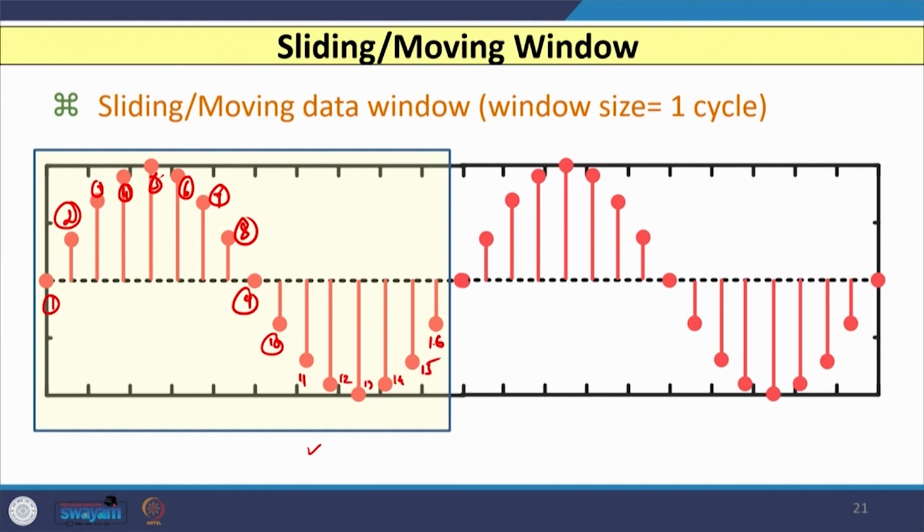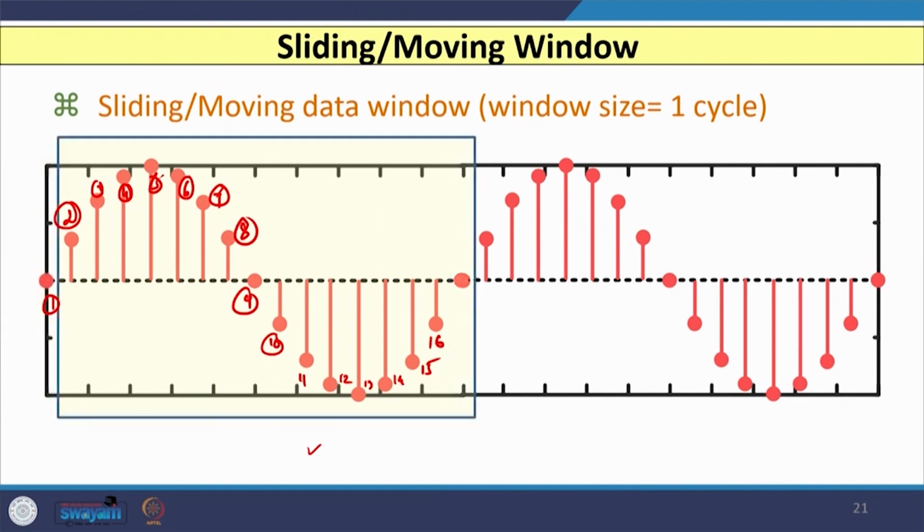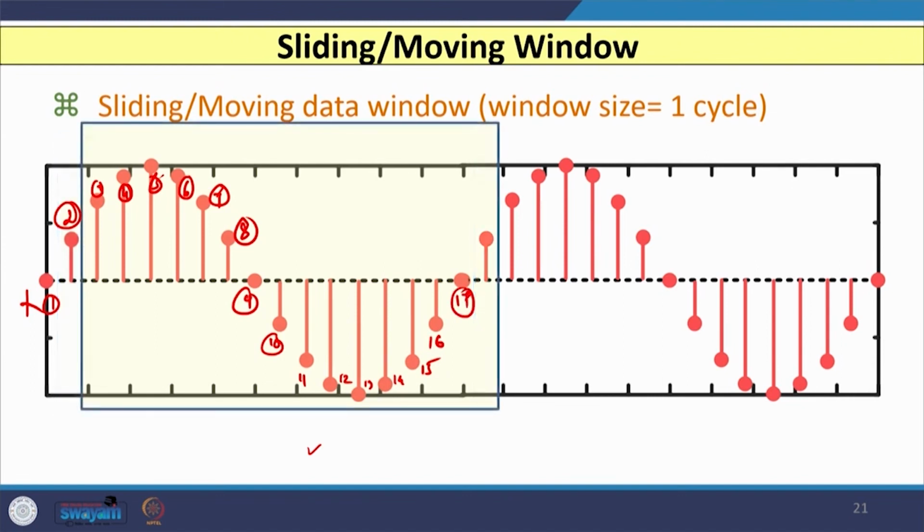So, 16 samples we have considered in one window; in one cycle 16 samples are available. When I take the next samples, the first sample is discarded and the 17th sample is included. Similarly, when you go further, the 18th sample is included and the second sample is discarded. So, this window is moving or sliding. That is why this is known as the sliding or moving window concept.